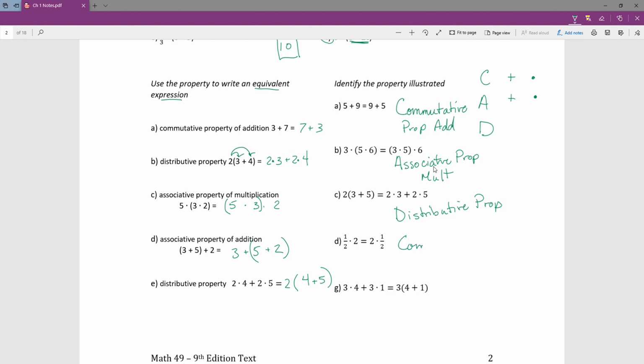So that would be the commutative, such long words, bad writing too, property of multiplication. And the last one here is equivalent to this one, where it's the backwards version of the distributive property. So that does us for 1.1.